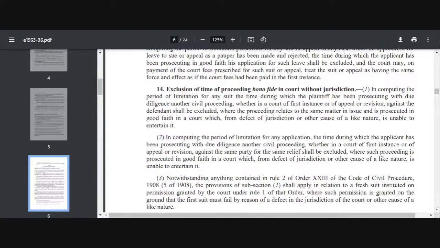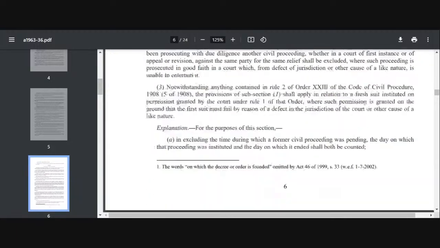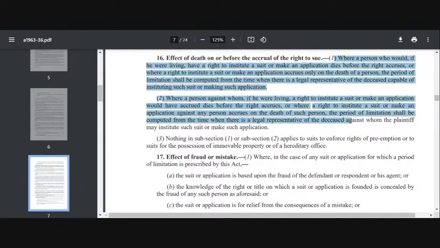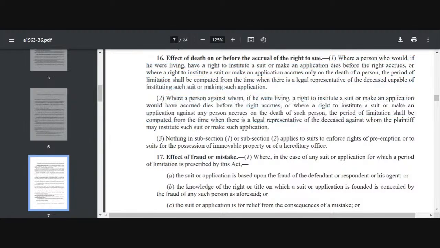Now if you see section 16 and read both sections, both sections look fully the same. Every word is the same except here it says a person who would, and here a person against whom.